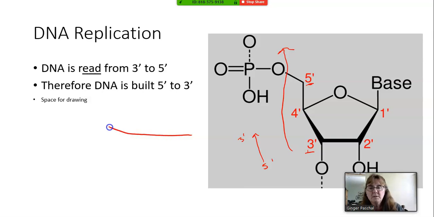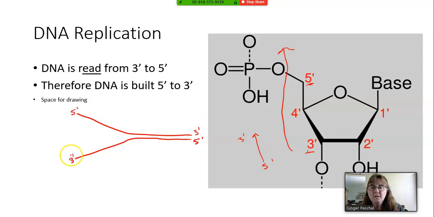So if I've got a double-stranded DNA molecule and I separate those two strands, this one's 5', and this is 3'. So we're talking about these two strands. At the other end of the 3' is the 5' end, and on the other end of this one is the 3' end.